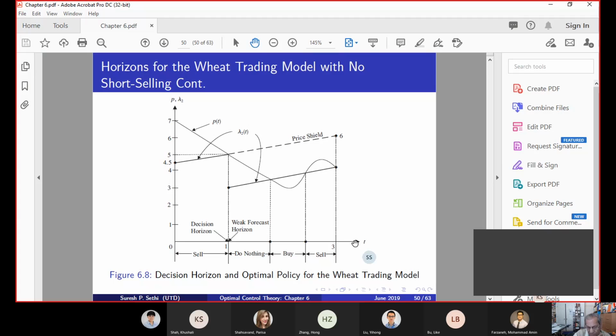Whatever forecast. I don't want to change the forecast between the decision horizon and the forecast horizon. But I can change the forecast beyond the forecast horizon as much as I want. So now we're going to try to find a strong forecast horizon.